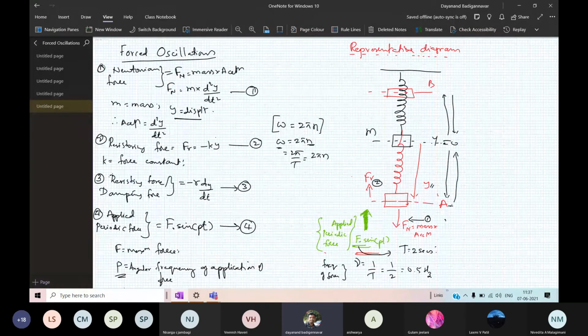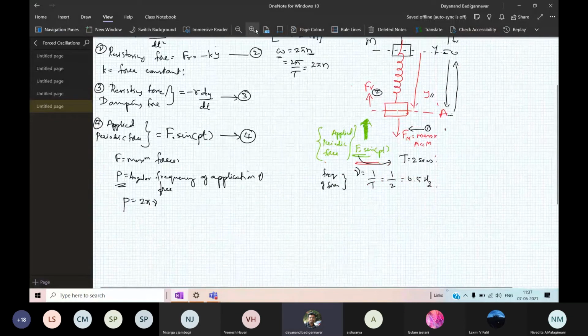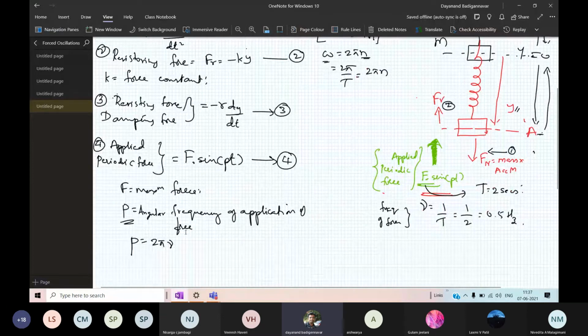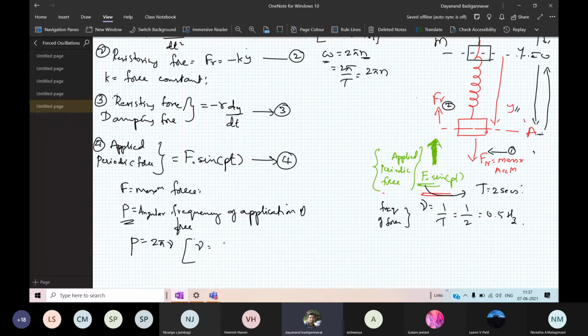Now remember, p means the angular frequency of application of the force, while mu is the normal frequency. It is the linear frequency of application of force.